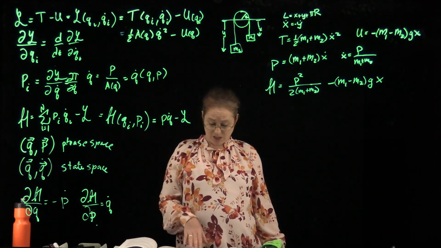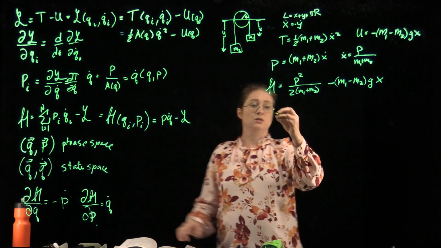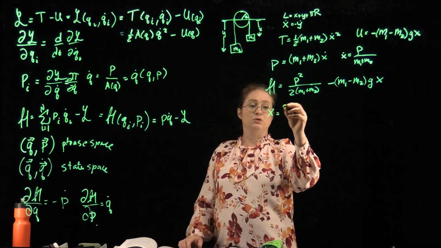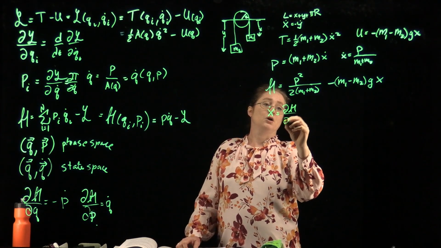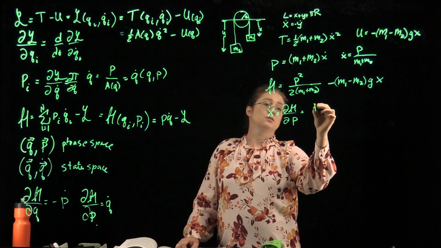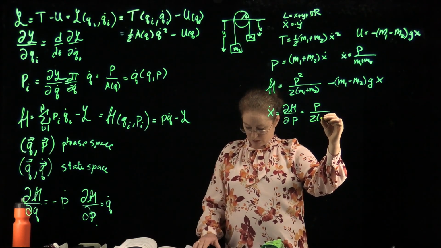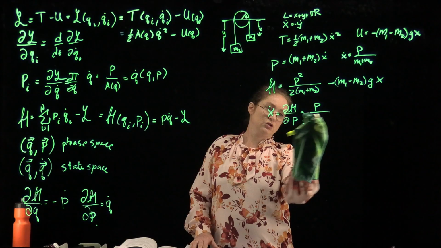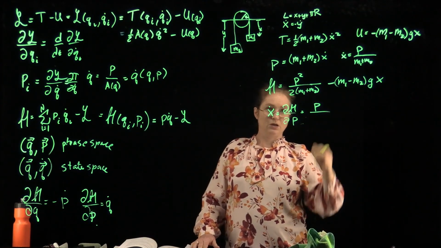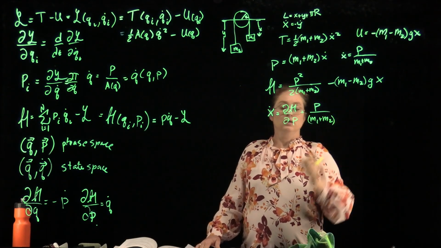All right, apply Hamilton's equations. We will start here. X dot equals partial h partial p, and that is going to give us p over, or sorry, is p, the 2 goes away when we take the derivative, p over m1 plus m2.